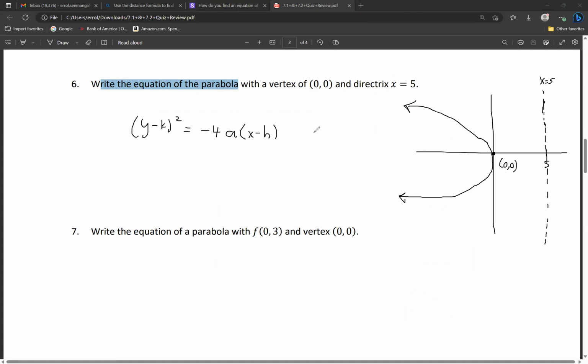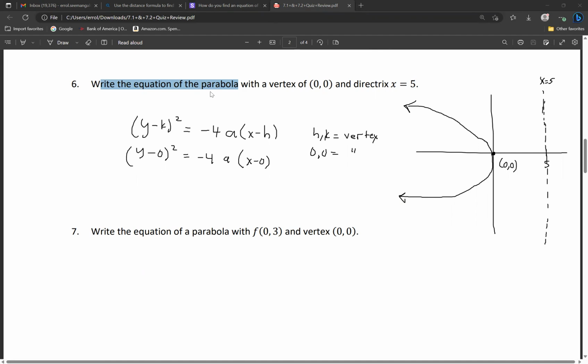We remember that h comma k is the vertex, and it's 0, 0 in this case. So it'll just be y minus 0 squared equals negative 4a times x minus 0. All we did was plug in the vertex so far.